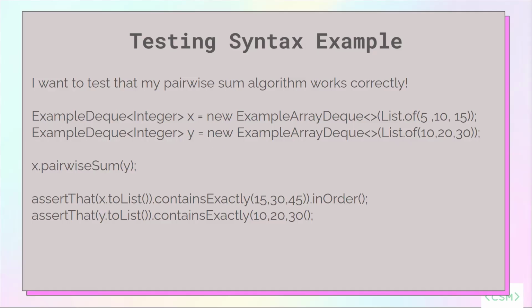For example, some questions will ask you to destructively do something. So that would mean the other array, let's say I want to make sure that my y is null after I iterate through it. In that case, I would want to say that y.toList contains exactly and then nothing. So just make sure that when you're doing testing, you call the function and then check that everything is exactly where you expect it to be after the call.